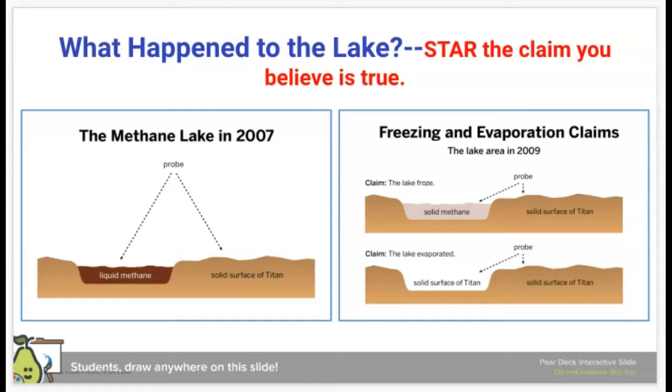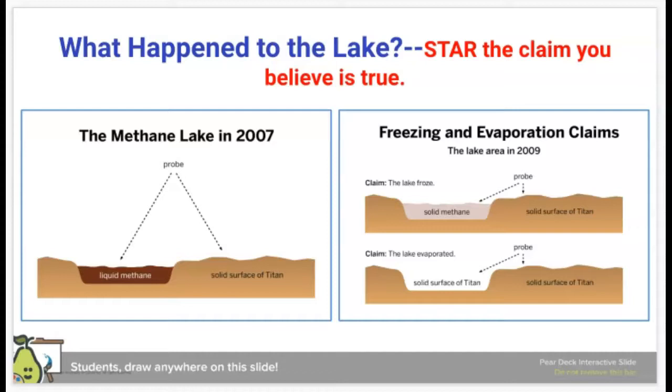In order to start investigating which of these claims is true, we have to figure out what would make this substance freeze or evaporate. To get some more information, we're going to study a slightly similar substance, water, which we have the ability to study in all three phases of matter: solid, liquid, and gas.